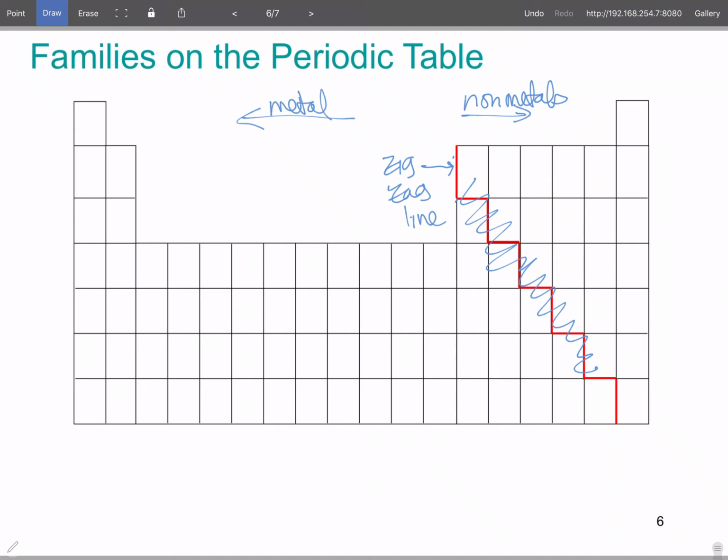Some of the species are looked at often enough that you have to know their specific names. So these metals are the alkali metals. That's group 1.